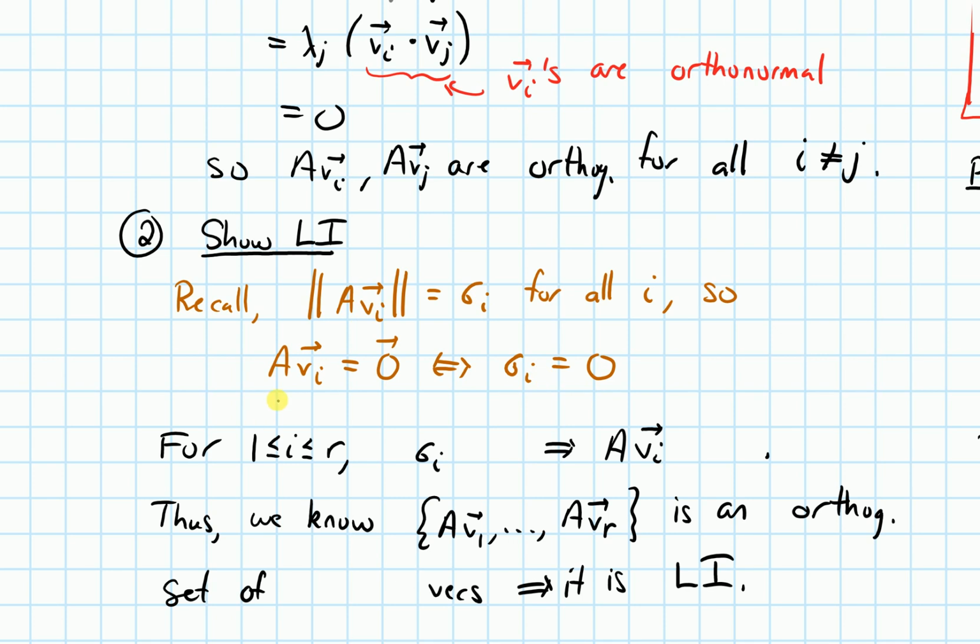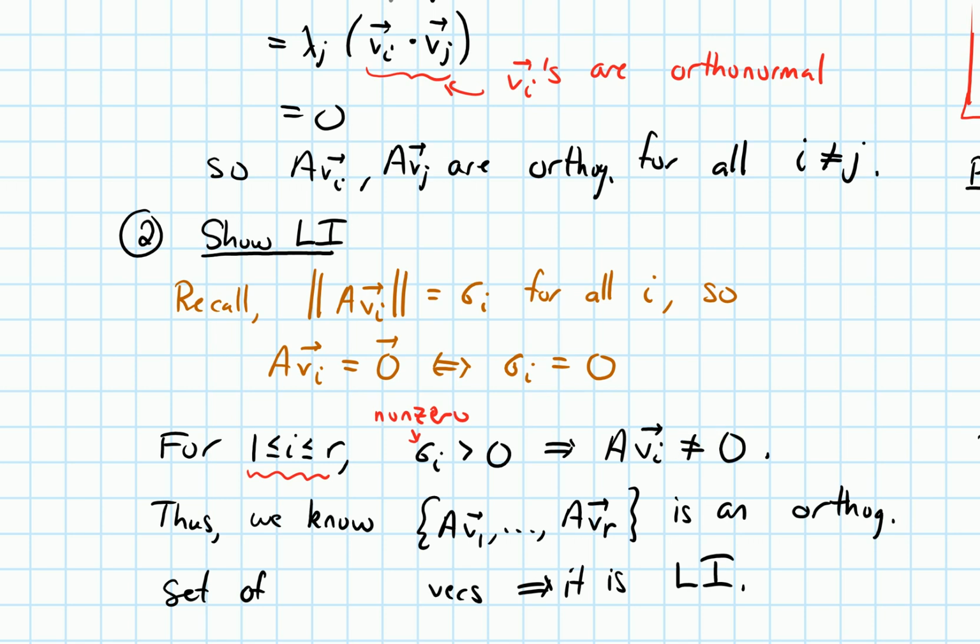So for I between 1 and r, those are the values that corresponded to the non-zero singular values. For those values of I, sigma I is greater than 0. It is non-zero. And if sigma I is non-zero, that definitely means that A times Vi is not 0.